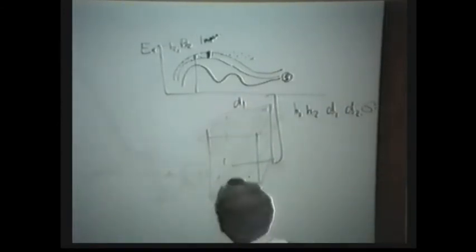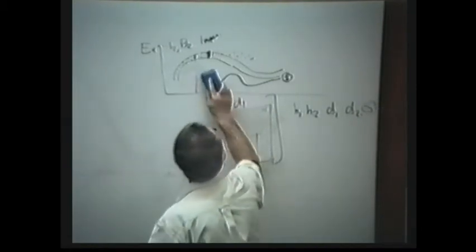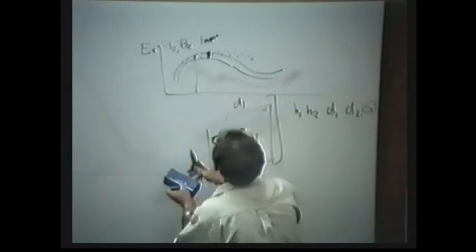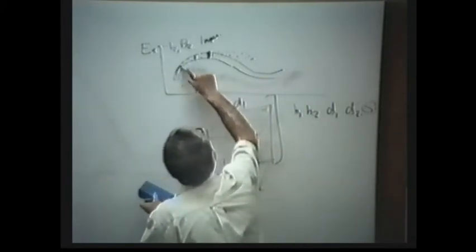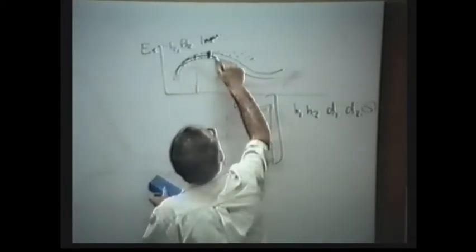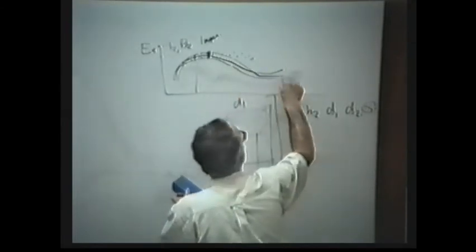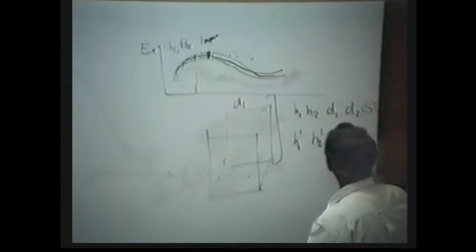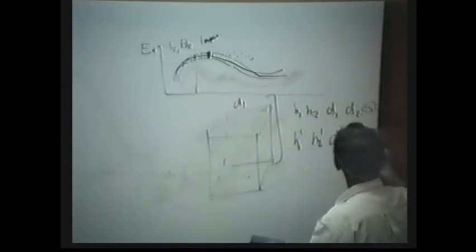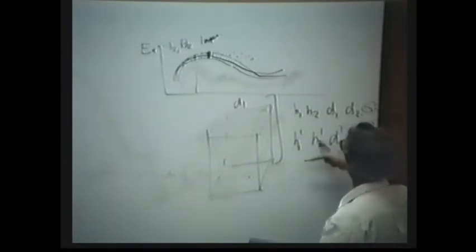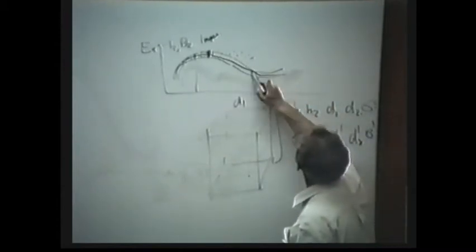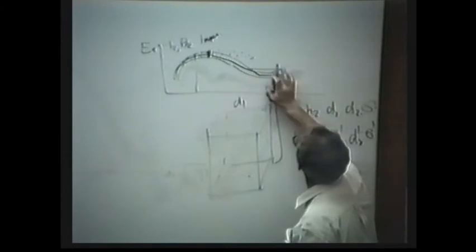Step number 2. We did it. And now suppose we change our parameters, H11, H21, D11, D21, sigma density 1. And for these parameters we obtain a curve which is sitting inside of our strip.